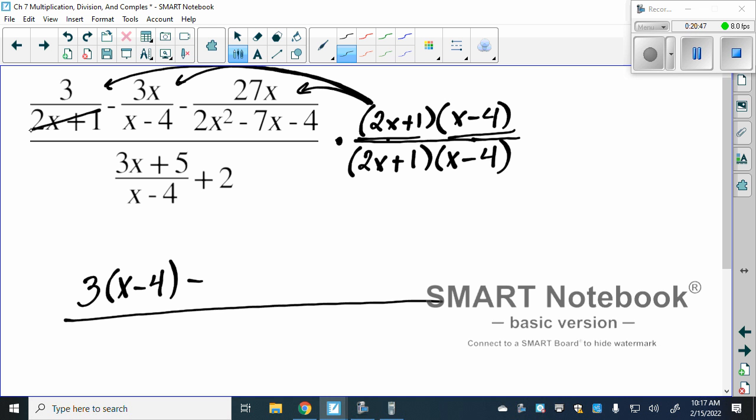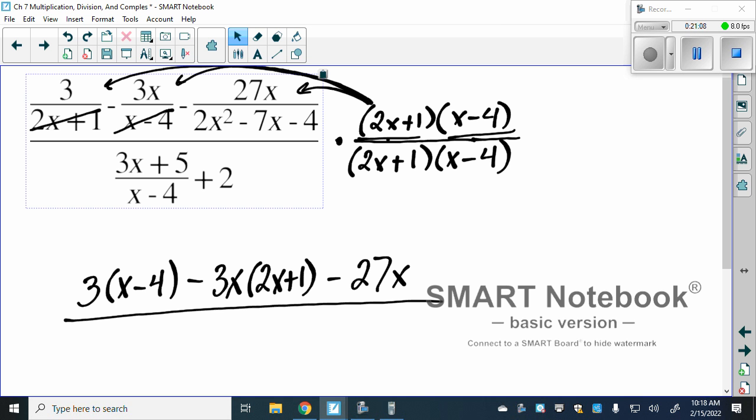Now with the middle one, the 3x, well this time the x minus 4 and the x minus 4 would cancel, leaving us with the rest, because they would cancel out completely.